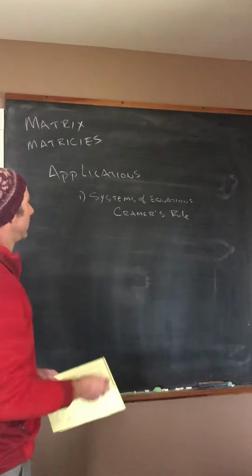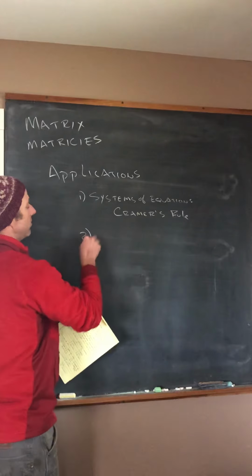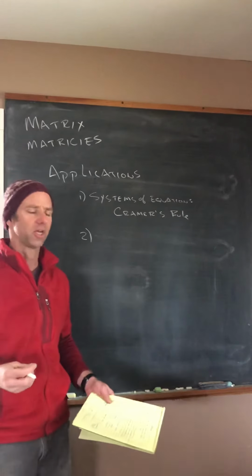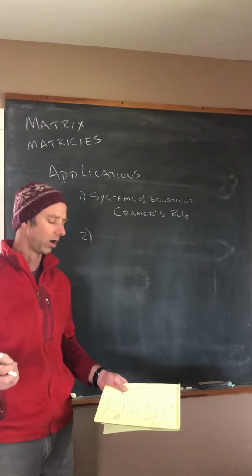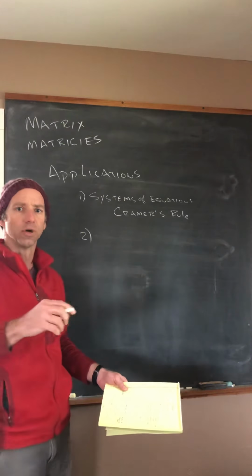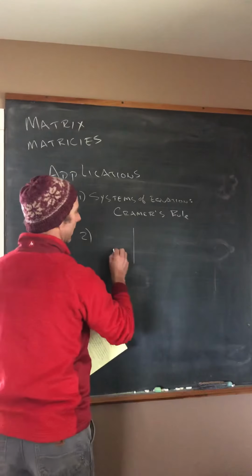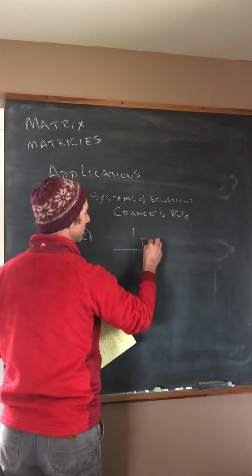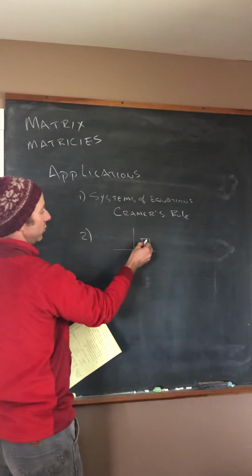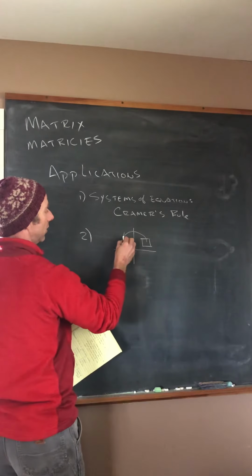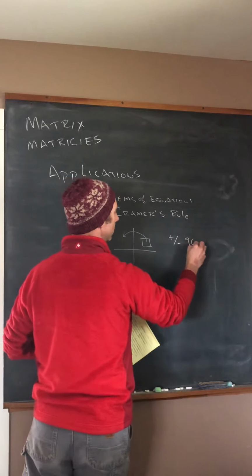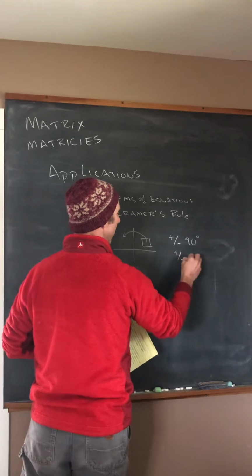The second thing off the top of my head that I remember about the application of matrices are translations. Remember, in the past, if we had an object and we wanted to rotate it to know the new coordinates, we only did 90 degrees, either plus minus 90 or plus minus 180.